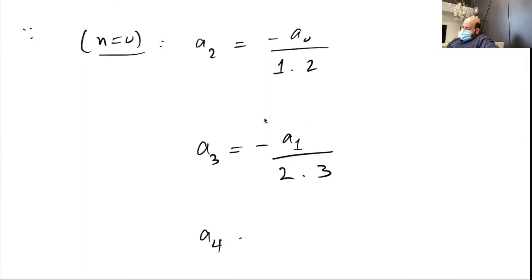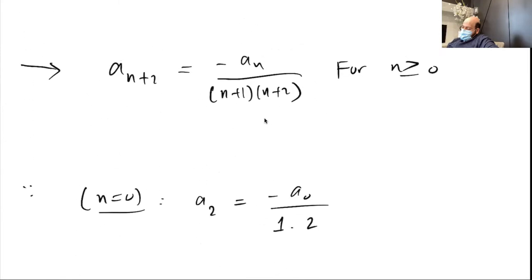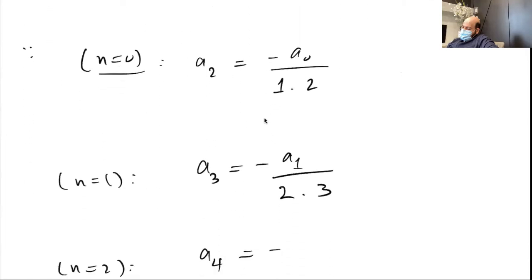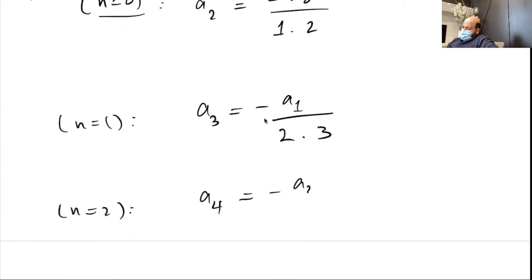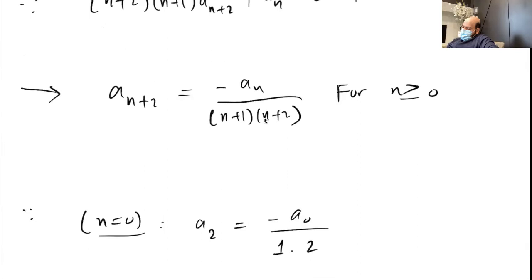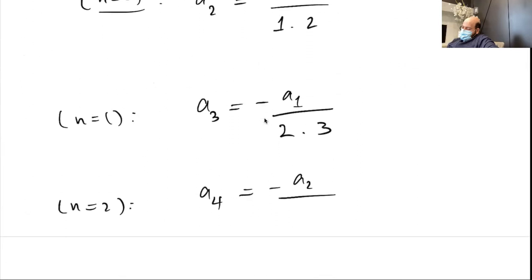For a4, if I replace n with 2 in this equation, then I'll get a4 equals minus a2 divided by 3 times 4.